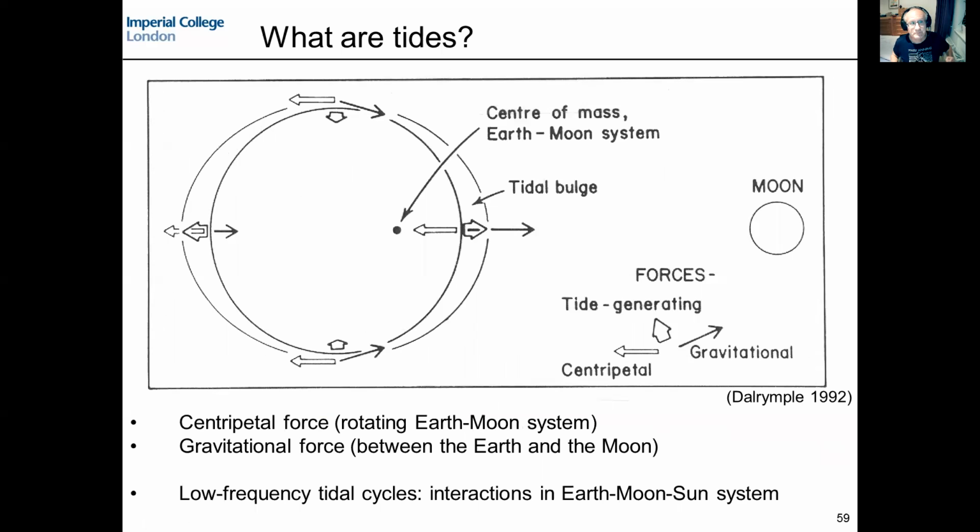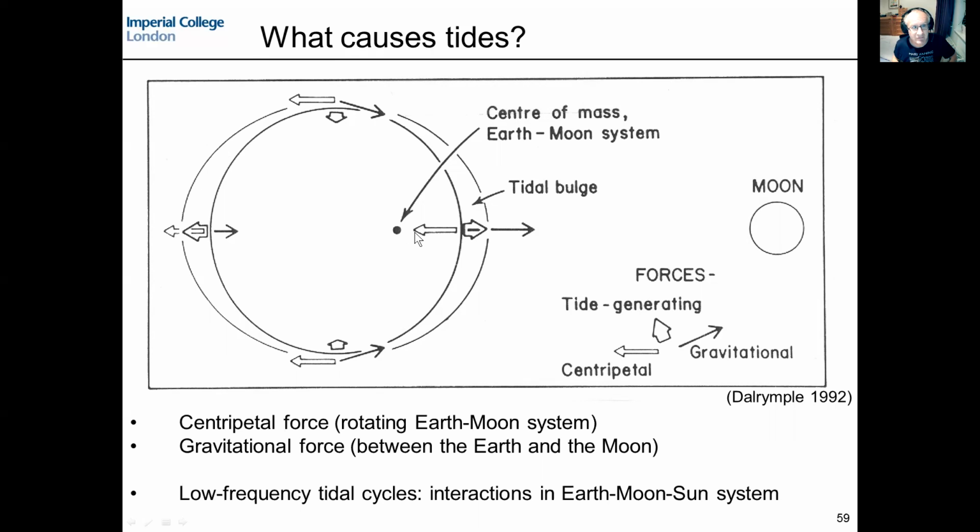How do they form? Well, what we're seeing here is a schematic of the Earth on the left, the Moon on the right. And we're imagining here that the Earth is a perfect sphere and that we have a layer of water around the Earth, which is basically of uniform depth. And there are two competing forces that act on that water around our idealized Earth.